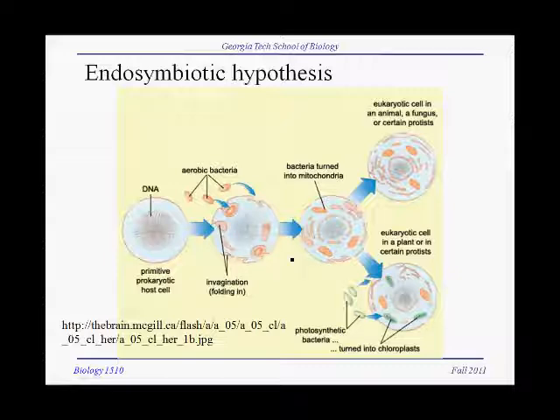And in the process of endocytosis, the host cell membrane encloses the particle. So if the particle happens to be a bacterium, then what we have is the bacterium with its own plasma membrane surrounded by the host cell's membrane.